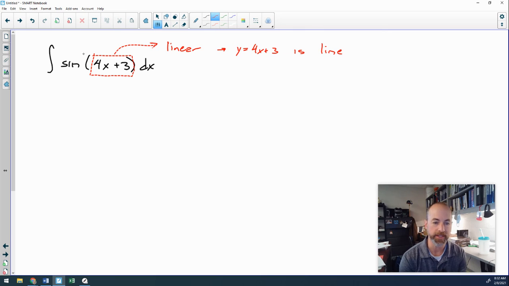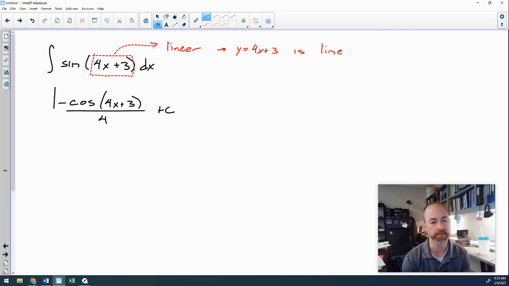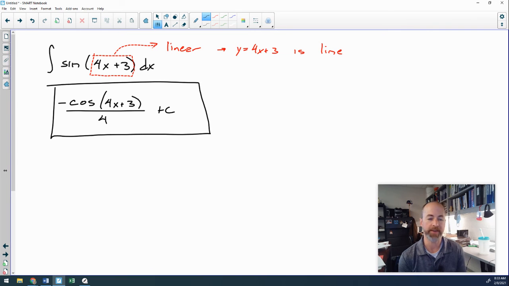So if it's recognition, and the only thing that keeps it from being recognized is the inside is a line, then we could still follow that same pattern. The antiderivative of sine is negative cosine. We keep the entire argument the same. We do not change the inside, but we will divide by the constant in front of the x. And so it actually extends to anything linear. Doesn't have to be just a number times x, but anything that's linear can work.